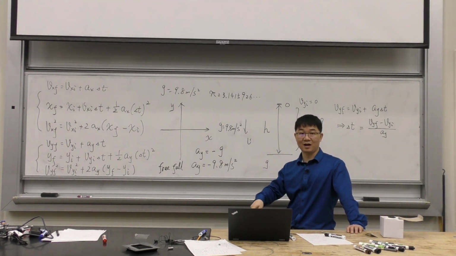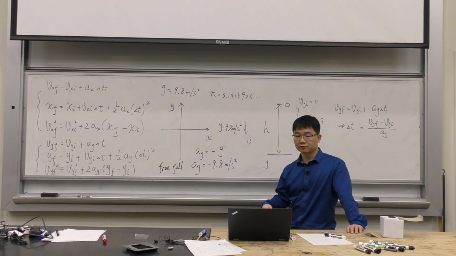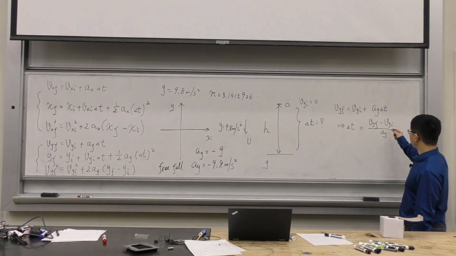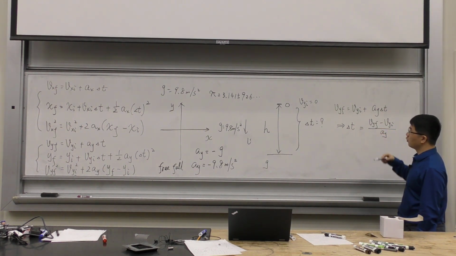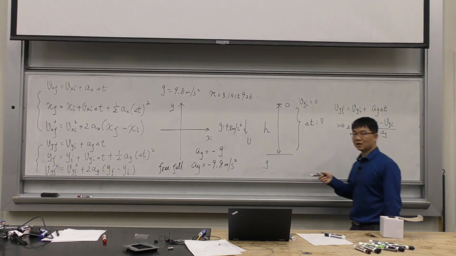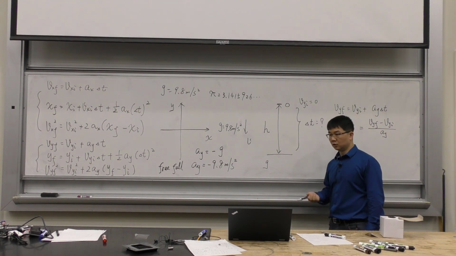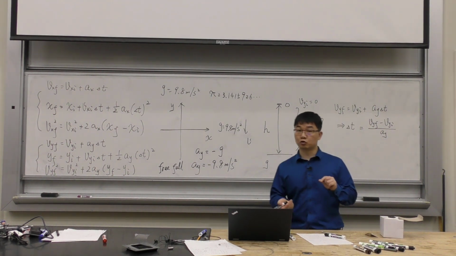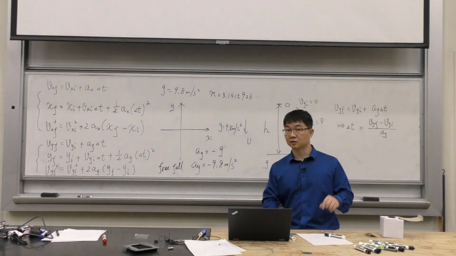I don't need any number or symbol because I drop it at a certain height, right? I'm not throwing down. If I'm throwing down, I'm giving it an initial velocity. So this one's going to be 0, but the final velocity, I don't know it, okay? Some people may say, well, okay, it's going to hit the ground. Isn't the final velocity 0? Well, that's another thing you should be careful about. There are two processes here.